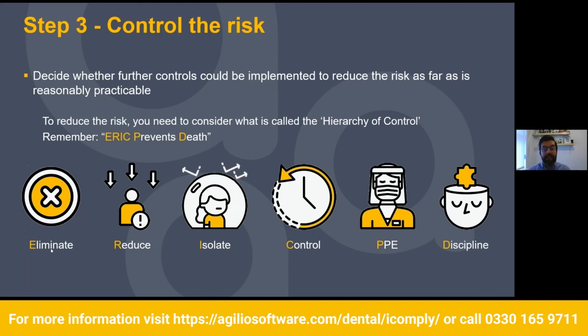And then lastly, discipline. This is all around training, monitoring your staff, ensuring that they're being supervised, and that they understand what you've put in place and they understand the control measures. So discipline is the last thing that you need to look at. So ERIC prevents death, the hierarchy of control. Consider each one of these in order to manage your hazards.